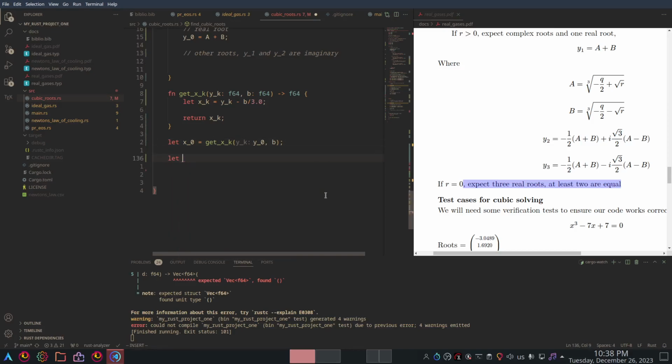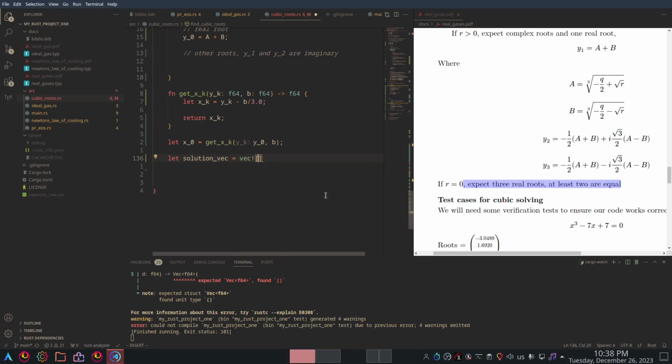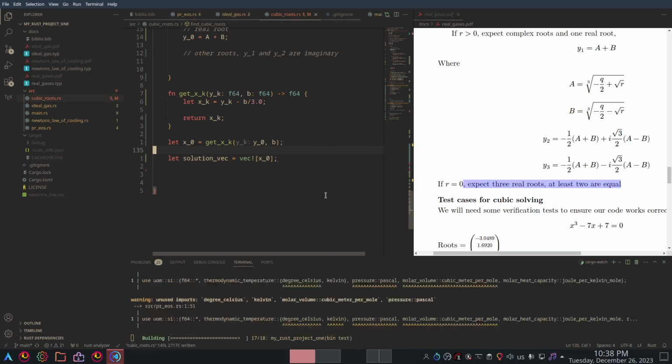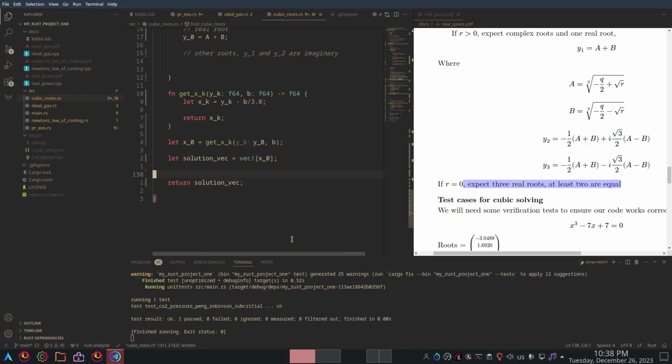Let solution vector equal to vec, using the macro here, x0. So this is how you instantiate a vector. Then I'm going to return the solution vector here. This is the simplest way to do it. So this is at least us getting one of the roots already.